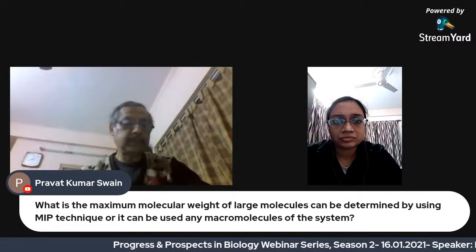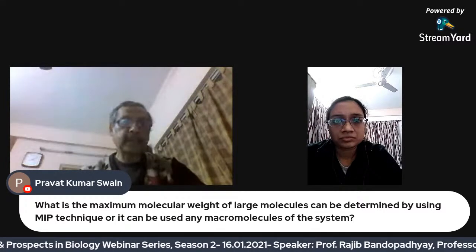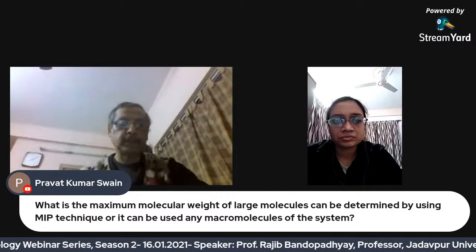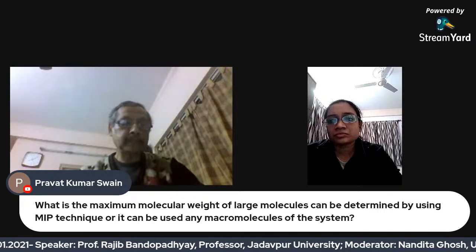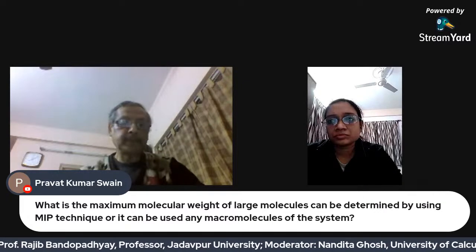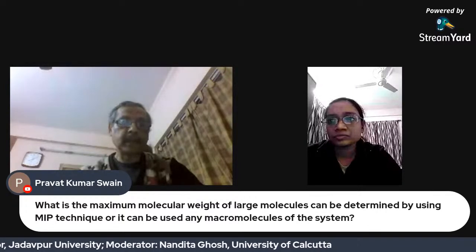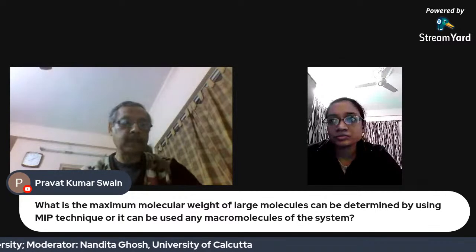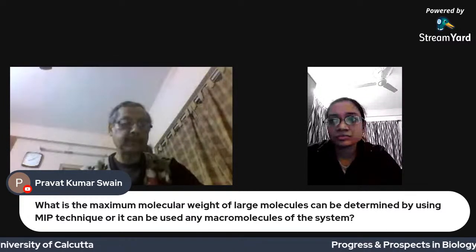In that case the cavity formed is truly unique, and it will absorb only that particular molecule. So that's why the performance of this MIP sensor is better if you use it for complex molecules. That's my understanding. But if you want more details, I have to consult my professor of chemistry.